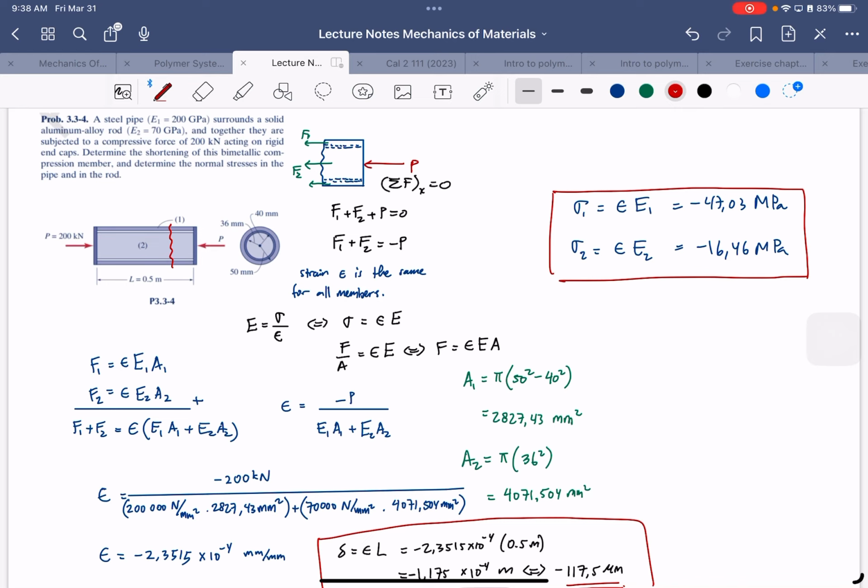Sometimes in another textbook they give a problem where you need to find out the E by yourself from the back of the book. But here I think they give all the information needed, and you can assume based on the information you have, and that's pretty fine.